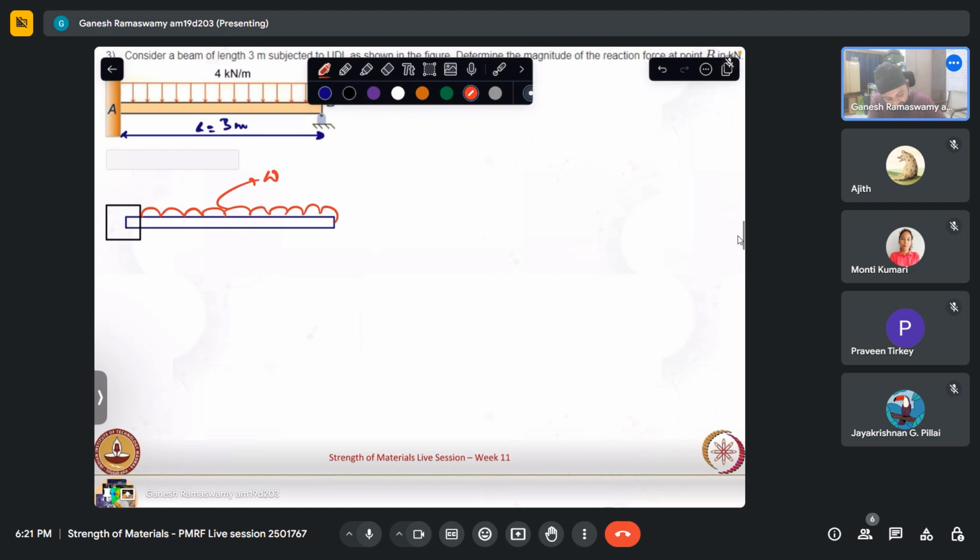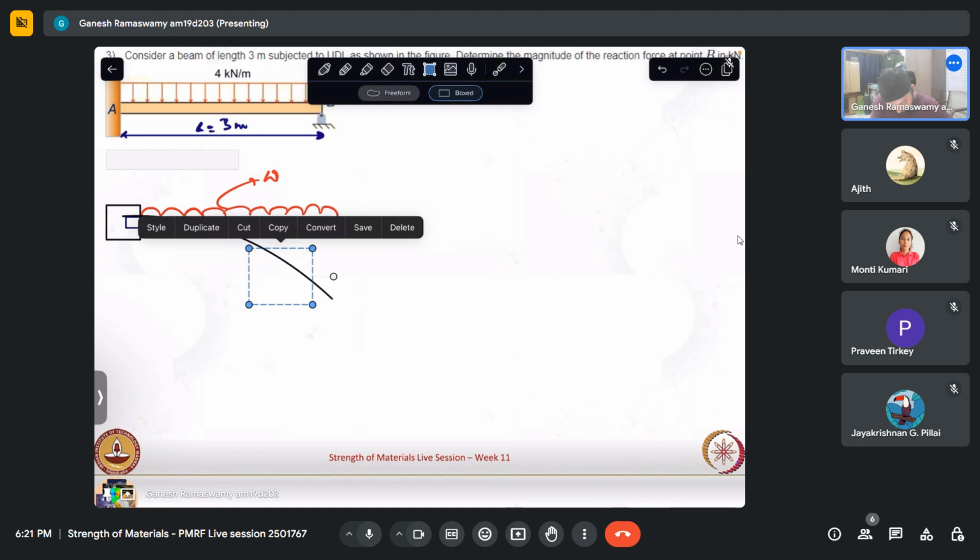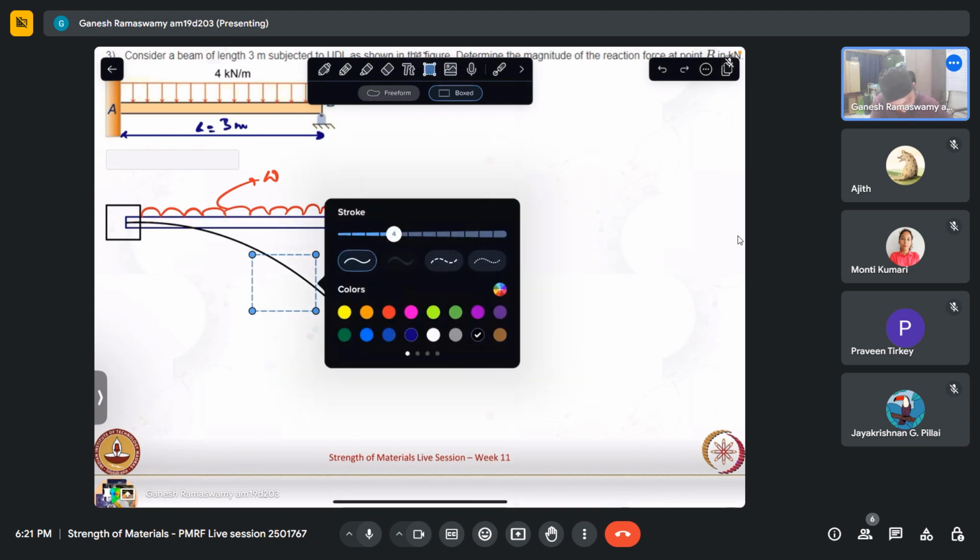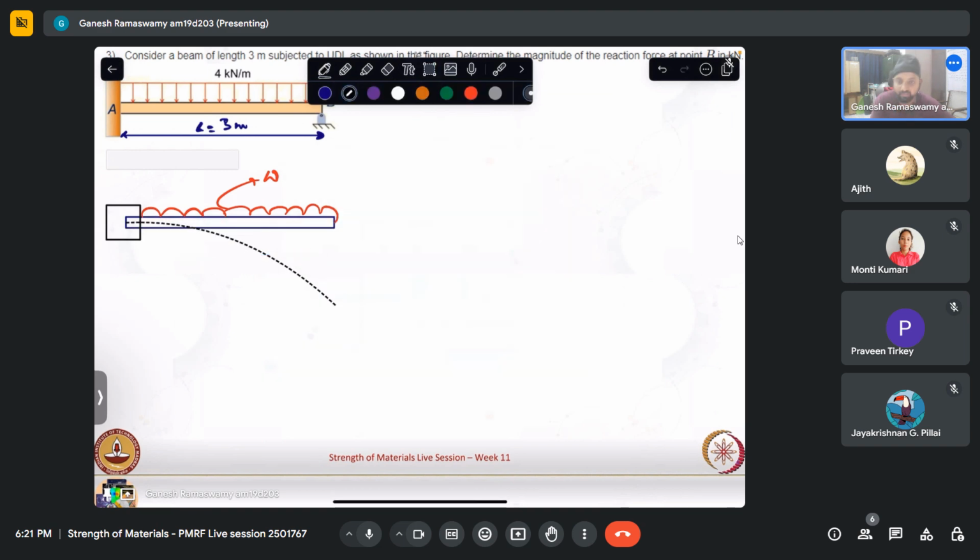So under the action of this load, this beam would have deflected something like that. I'm just drawing an exaggerated picture for us to be able to appreciate that this would have been my deformed shape if there were no prop here.